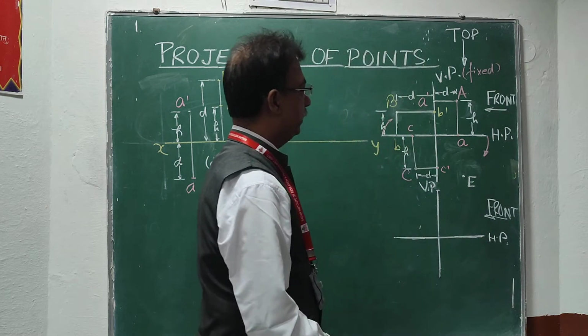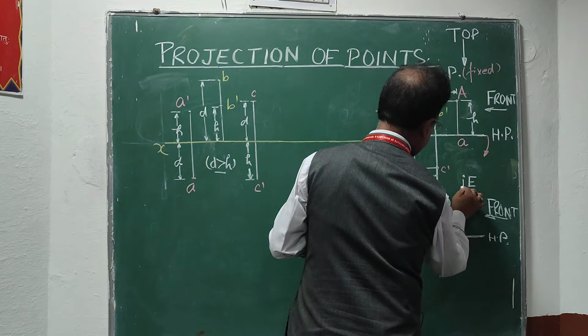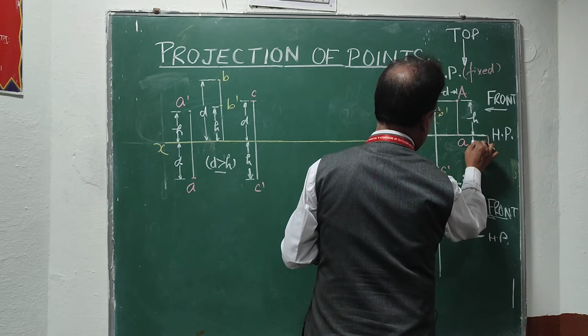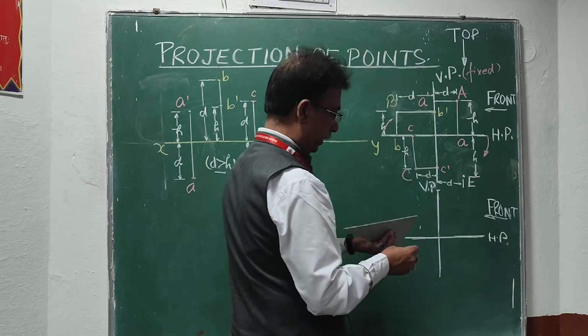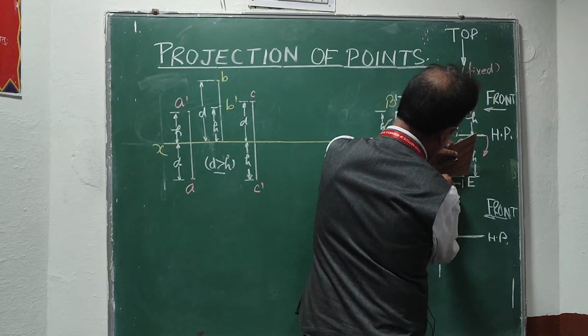Another option, suppose I take a point capital E, below HP and in front of VP. Again the distances will be D distance away from the VP and H distance below the HP. Again the same method, I will draw a perpendicular from this on the VP.